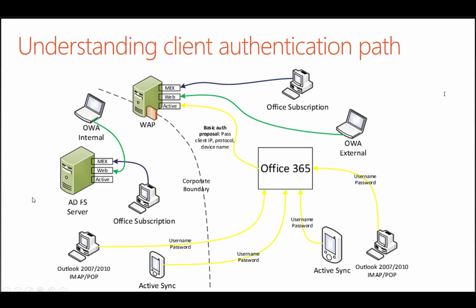If you're looking at legacy versions of Outlook in active federation, if you're looking at ActiveSync and basic authentication, they're actually going to pass through a cached username and password to Office 365, which is then going to try and authenticate on the end user's behalf. Above and beyond that, any external connections that would be otherwise passive authentication will go through the web application proxy as well, if there's one in place.